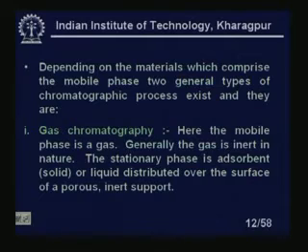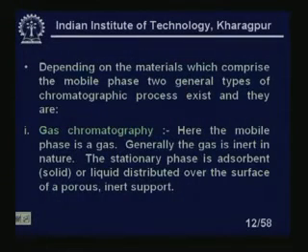Here the mobile phase is a gas, and generally the gas is inert in nature, and the stationary phase is an adsorbent solid or liquid distributed over the surface of a porous inert support. The porosity is very, very small, in the order of angstroms, please note. This is important. The size of the porosity will also give different affinity to the different components of the mixture of gases.